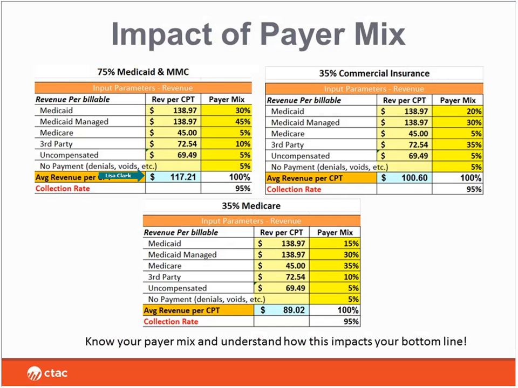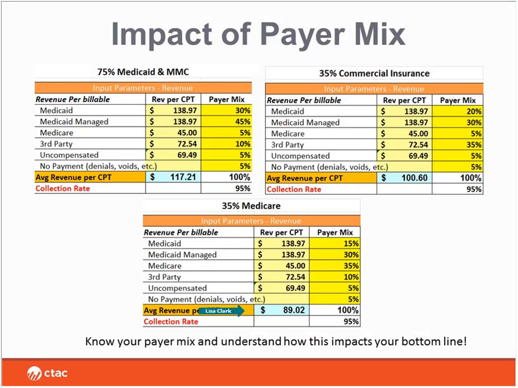If you happen to have more commercial insurance, you can see here that your average revenue is going down.